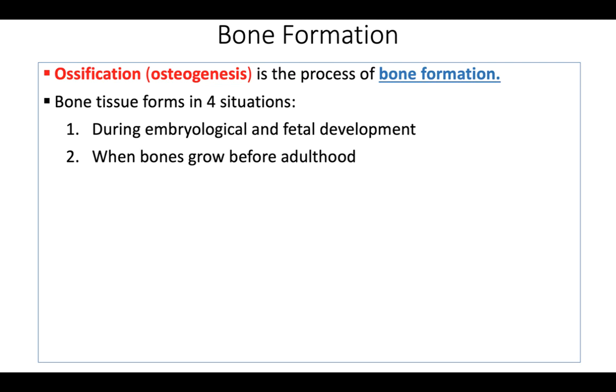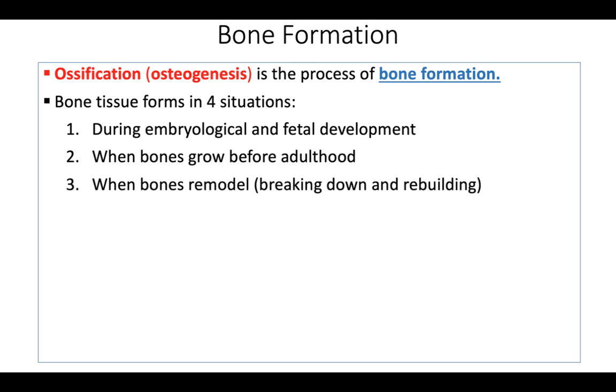Once these bones are formed, you have to keep making bone tissue in order for them to grow, and then continue to grow up until adulthood. We also can't forget the process of remodeling. You have to be able to make bone during remodeling, because you're breaking bone down with the osteoclasts.